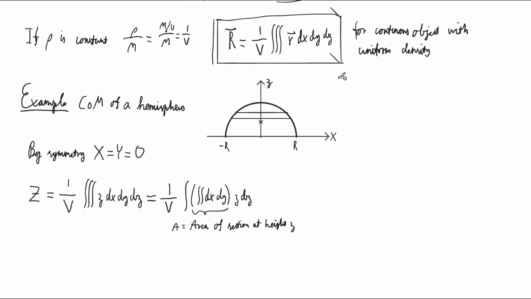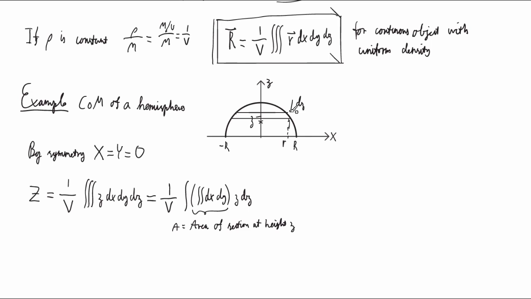Here's the section. So this here is z. We'll take the thickness of this section to be dz. This section has some radius r.